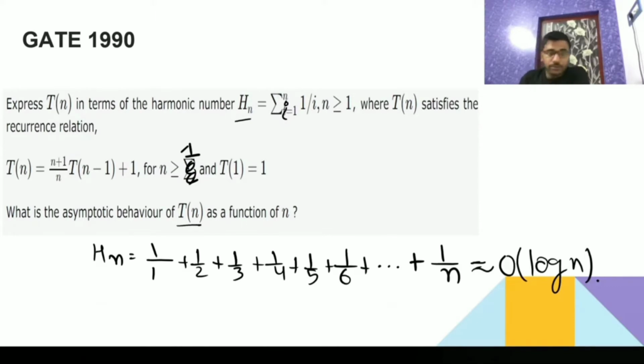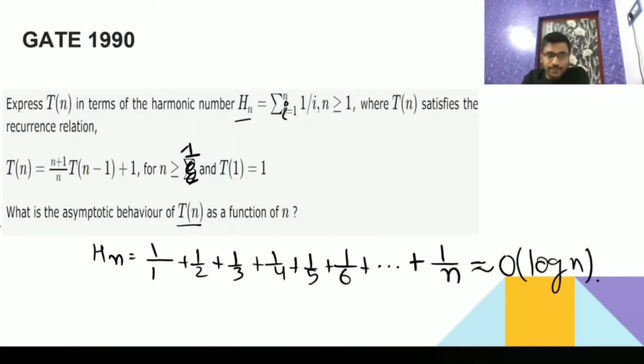Okay, so now I will solve this. Tn is this.